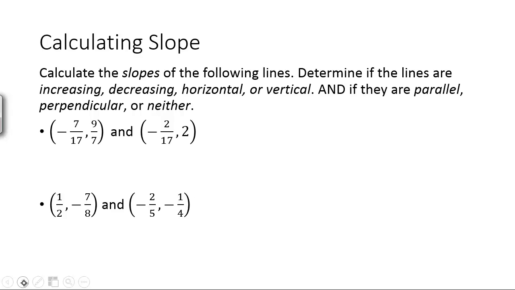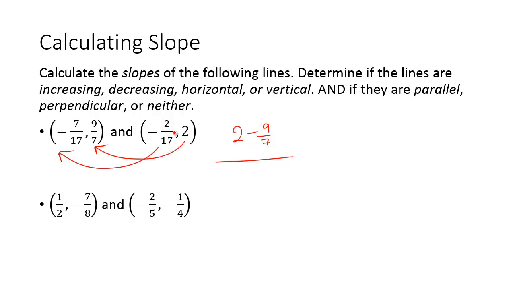Finally, I wanted to give you an example where you have some fractions to deal with. So same thing, you go 2 minus 9/7 over negative 2/17 minus negative 7/17. It's nice that these have a common denominator, but these don't. So you can say that's 2 over 1.